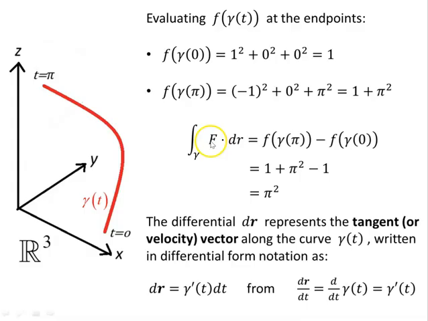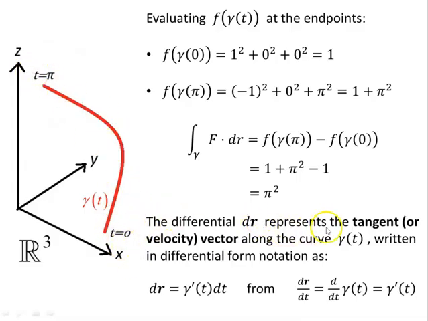The integral along gamma of F dot dr, which was del f dot dr, is then just the difference between the endpoints according to the fundamental theorem of line integrals. So it becomes f evaluated at gamma of pi minus f evaluated at gamma of 0, the two endpoints we're interested in. That's 1 plus pi squared minus 1, which is pi squared. Okay, that's our curve there.